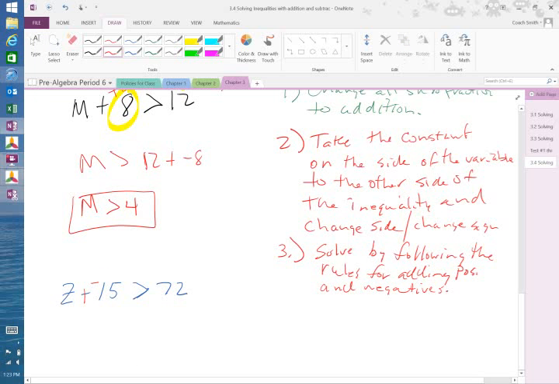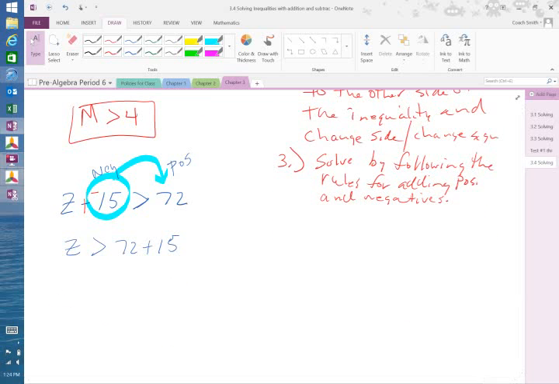So that changes it to Z plus negative 15 is greater than 72. Now, the number with the variable, we take it from one side to the other. Here it was a negative. Here it becomes a positive. And so that gives me Z is greater than 72 plus 15. And that means Z is greater than what? 87.